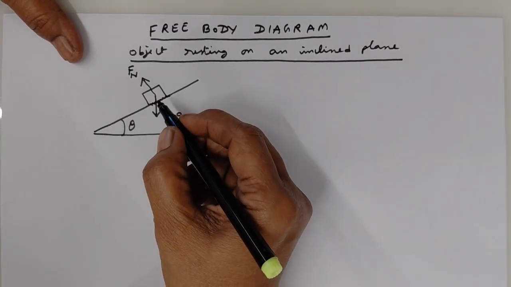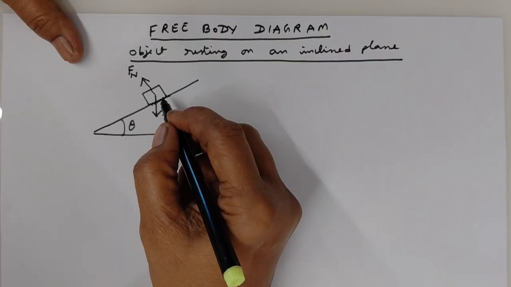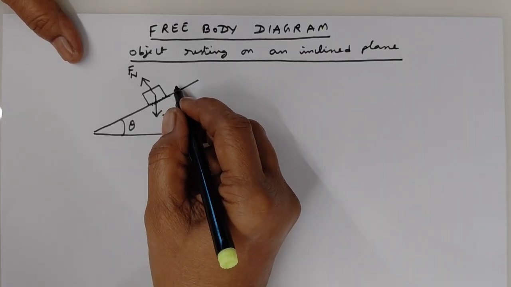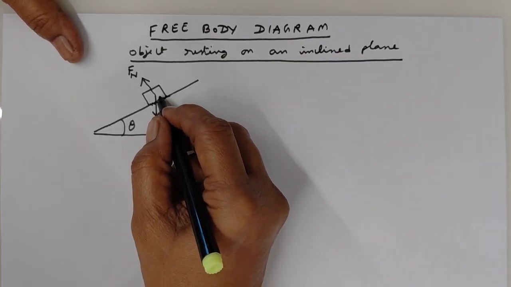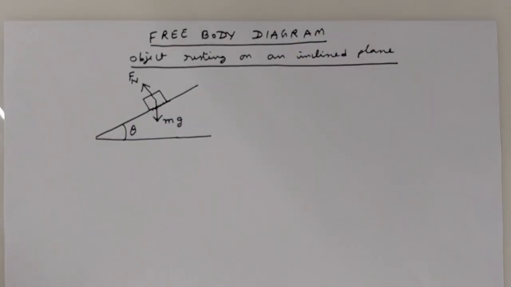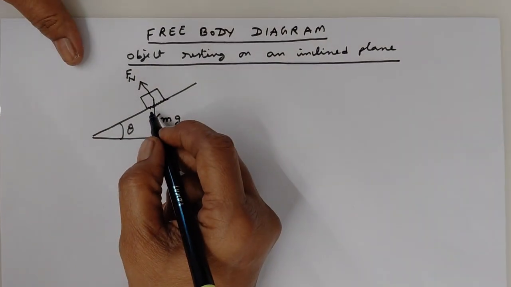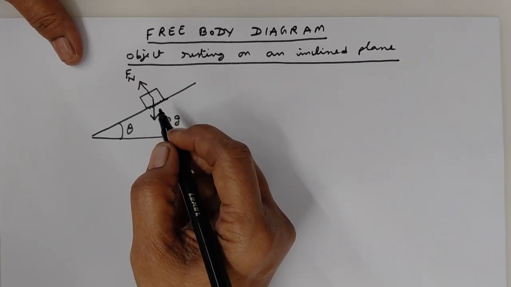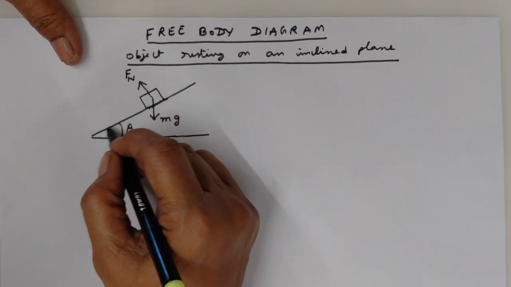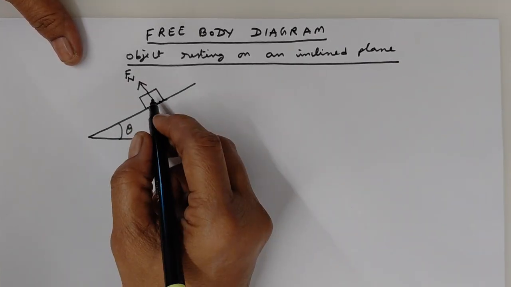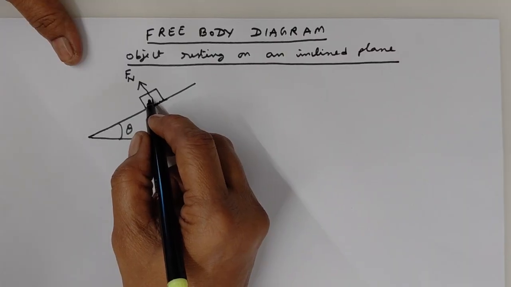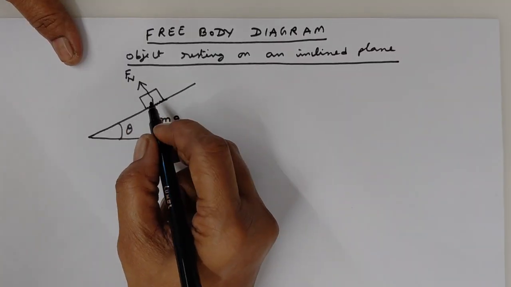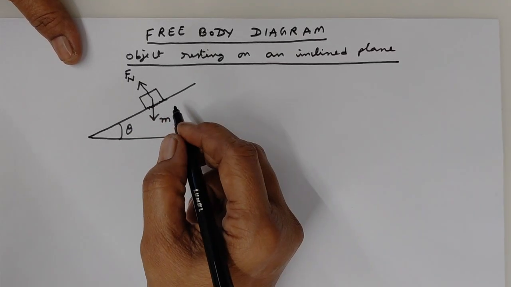In which direction does it act? It acts in the opposite direction to the possibility of sliding of the block. Because it is inclined in this direction, right? There is a possibility for the block to slide over in this direction due to gravity.